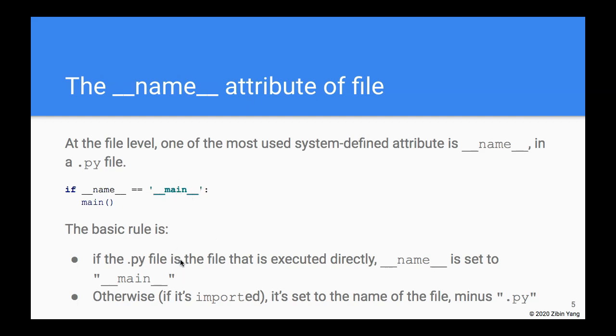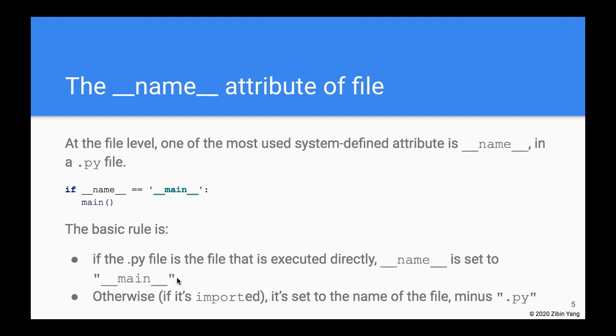The rule is that if the Python file is the file that we are executing, then the dunder name special attribute is assigned a string value of dunder main.